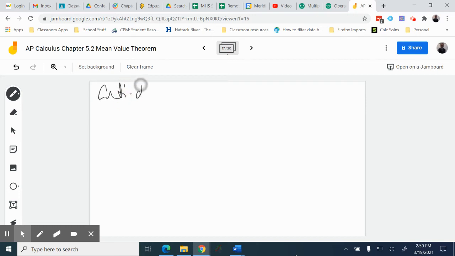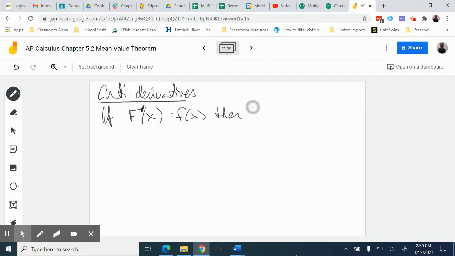Antiderivatives, and we are going to talk much more about antiderivatives in future chapters. If capital F of x, let me back up just a second. If the derivative of this function is equal to this function, then this function is an antiderivative of this function.